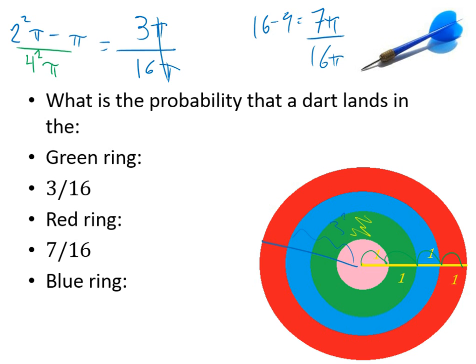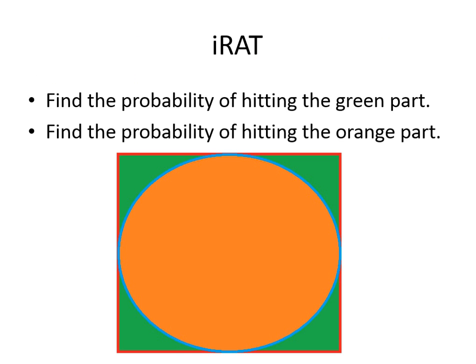And now the blue, it would be 9 pi, because that's the area of the whole length, and we're going to subtract out the green part, which was about 4. Subtract out 4 pi, which gets us about 5 pi all over 16 pi, which reduces. So that is your probability of landing on these given rings. So find the area of the 2 parts and then just do it normally.